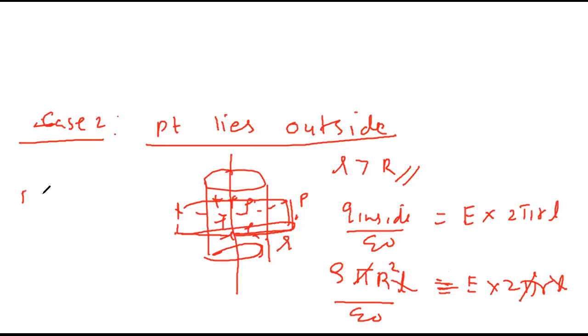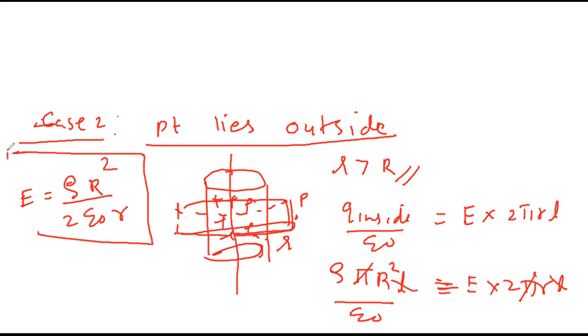So we get E as rho capital R square upon 2 epsilon naught into small r. Totally different formula if it is not a conducting cylinder.